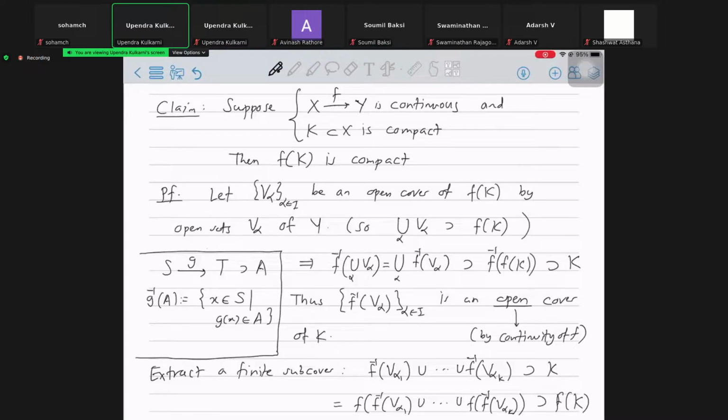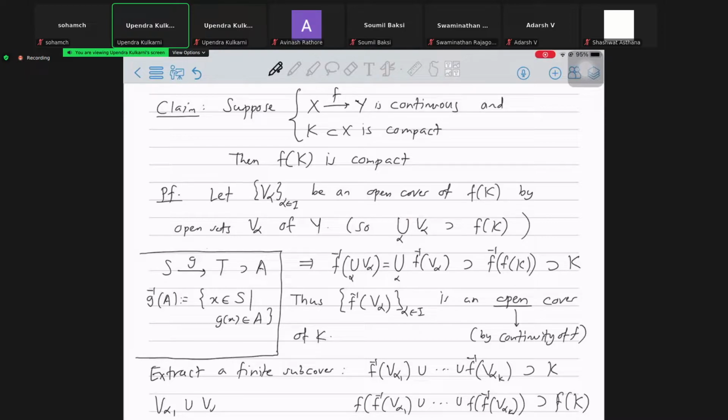But the point is f of f inverse of V alpha 1. What can I say about that? That is, how is that related to V alpha 1? So it is contained in V alpha 1. Correct. So V alpha 1 is bigger. So you see V alpha 1 contains f of f inverse of V alpha 1, and likewise for all other indices.